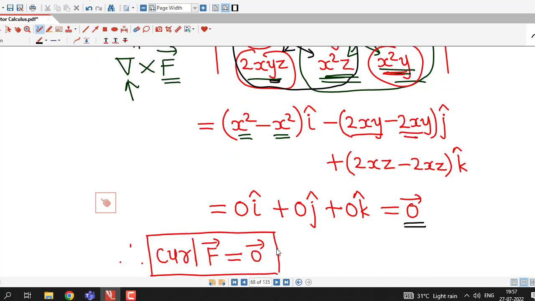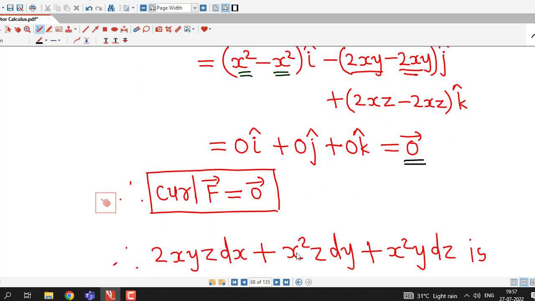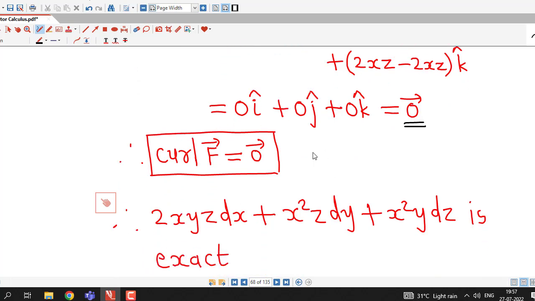Therefore curl of f bar is a zero vector, and therefore f bar is conservative, and therefore this differential form is exact.